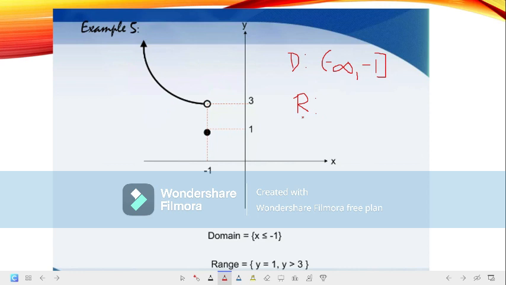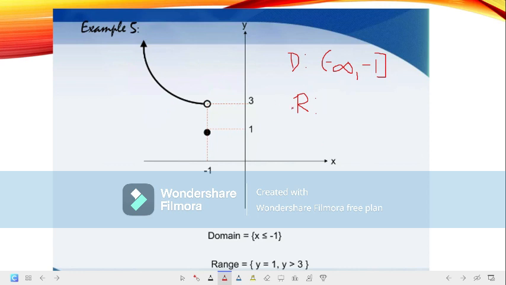It's because we have y is equal to specifically -1, positive 1 here, y is equal to 1, just like this one. Then we also have y is greater than 3, but we cannot use more than 2 symbols when expressing in interval notation.